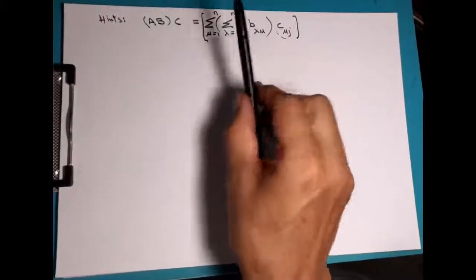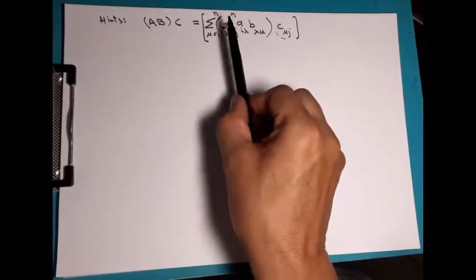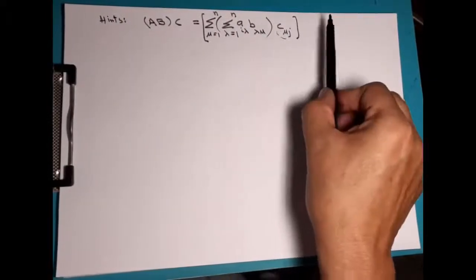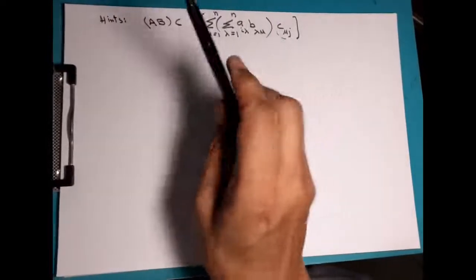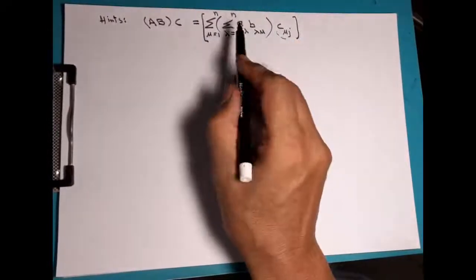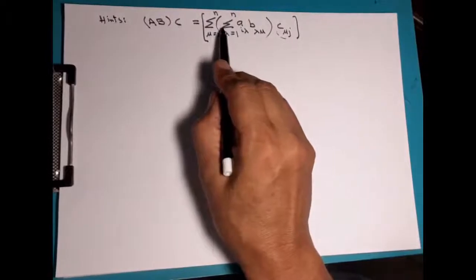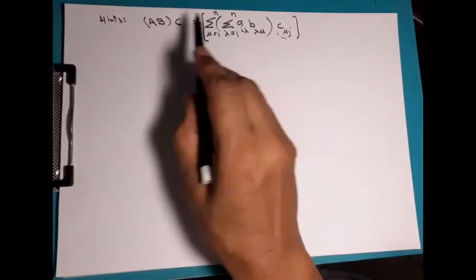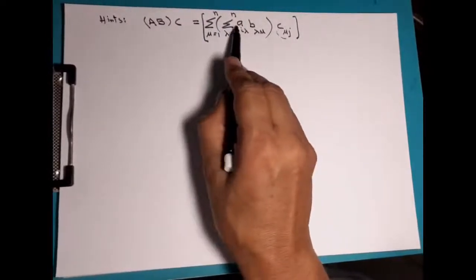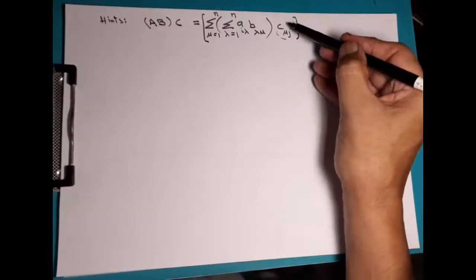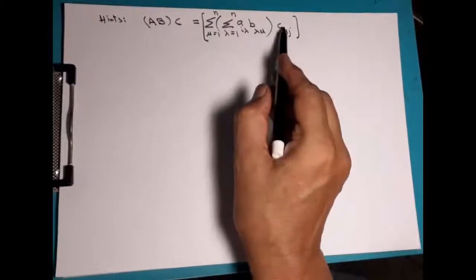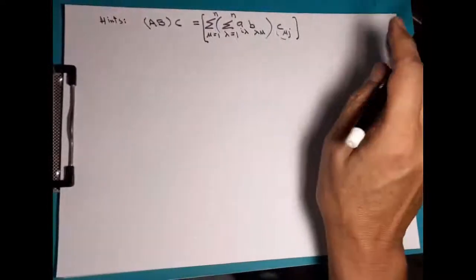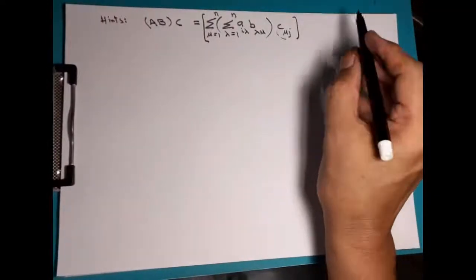In fact, there is no summation over i, so this is ith row of A. There is no summation over j, this is jth column of C. So we are multiplying entries of ith row of AB with corresponding entries of jth column of C, and then we are adding them with each other. So just pay a little bit attention and you will be able to see that.